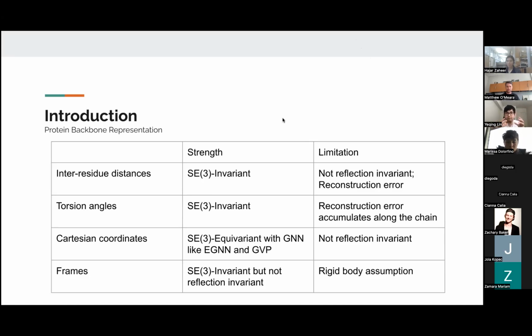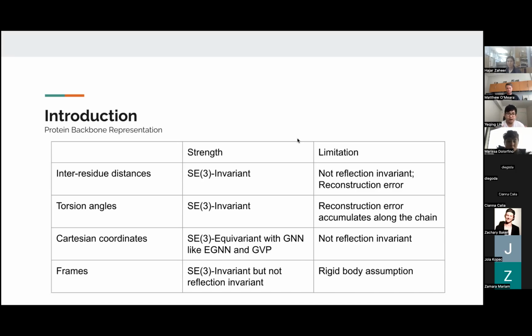It's not as complex as a protein structure. So if you think about the backbone, what do we mean by invariant? Equivariant means that when you do a translation or a rotation on the protein backbone, ideally we want that protein to have the same representation because it's essentially the same thing. That's what we call 3D invariant: once you do the translation or the rotation, the representation stays the same. That's SE3 invariant.